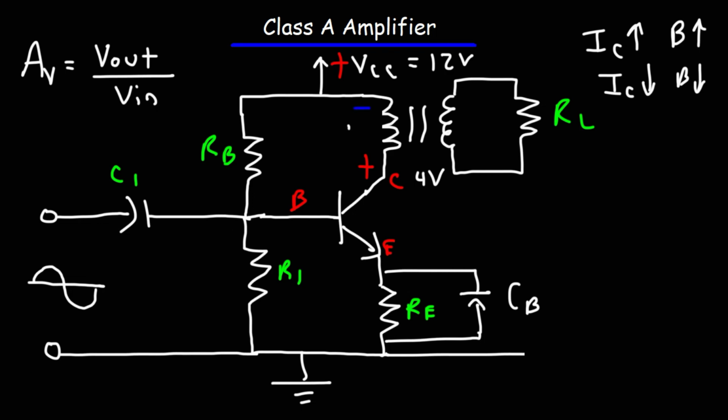And let's use the same value, just to keep it simple, 8 volts. So now the potential at point C will be the sum of 8 and 12 volts. So it's going to be 20 volts. So notice that the potential is higher than the collector supply voltage. And as a result, this increases the efficiency of the transformer coupled Class A amplifier circuit.